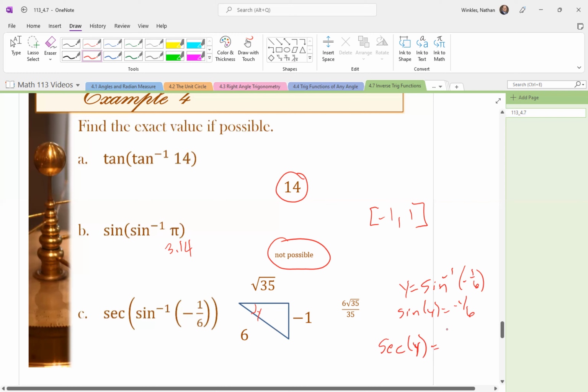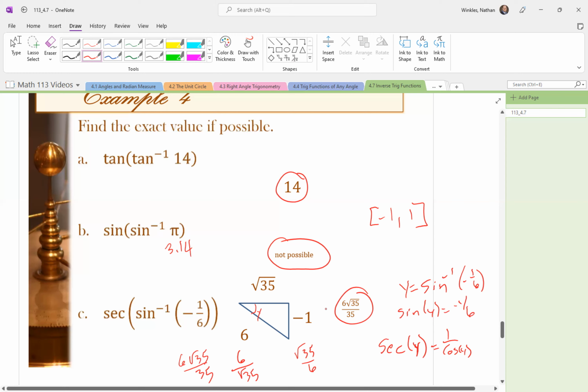Secant of y is just 1 over cosine of y. But cosine of y is root 35 over 6, and I need 1 over that. So we end up with 6 over root 35, which is 6 root 35 over 35, which is our answer here.